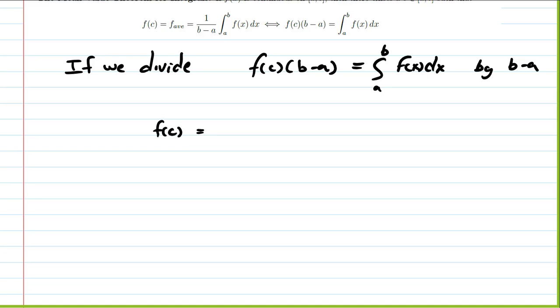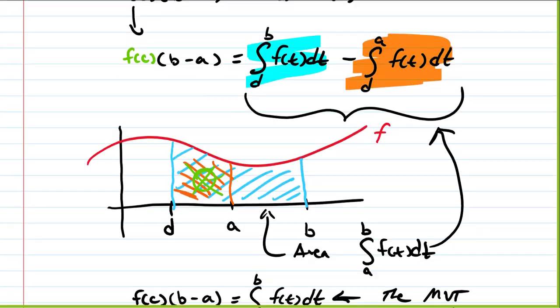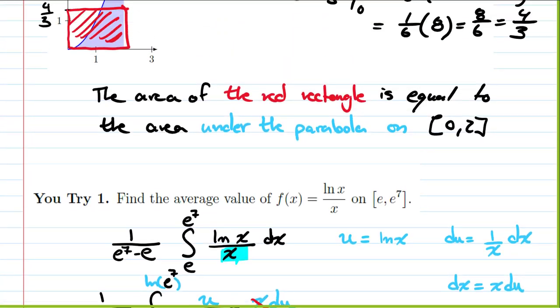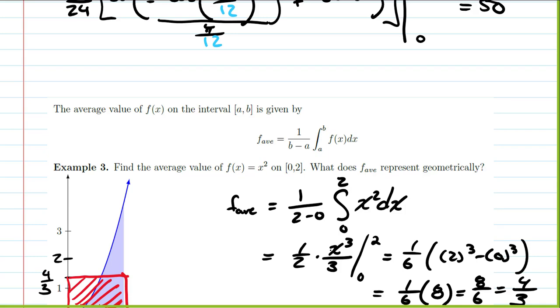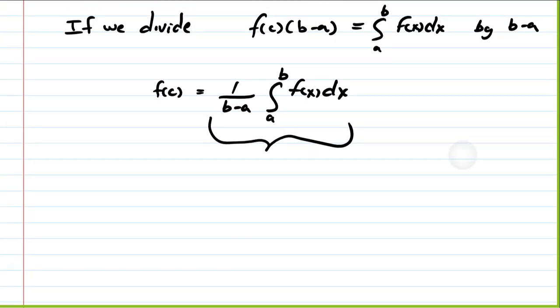F of c is equal to 1 over b minus a times the integral from a to b of f of x dx. And what is this piece right here? By definition, that is exactly the definition of f average, right? So this piece in the mean value theorem for integrals is f average.